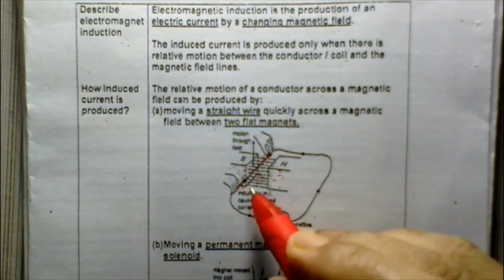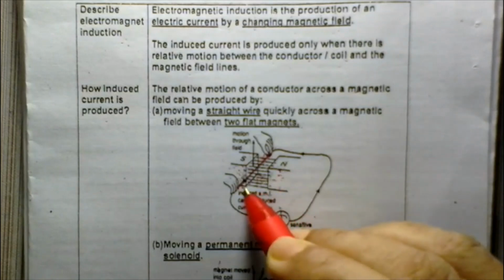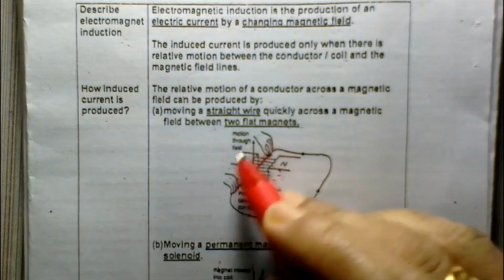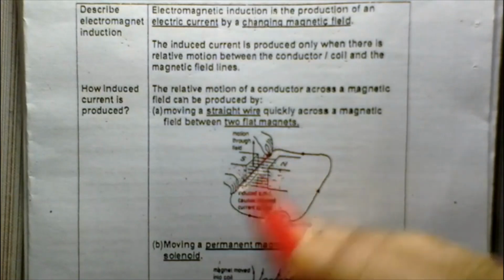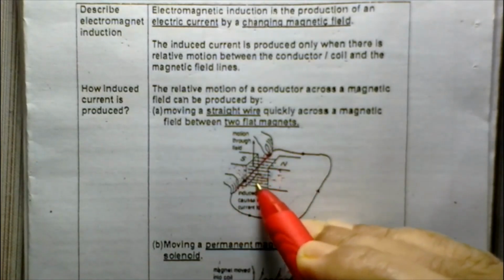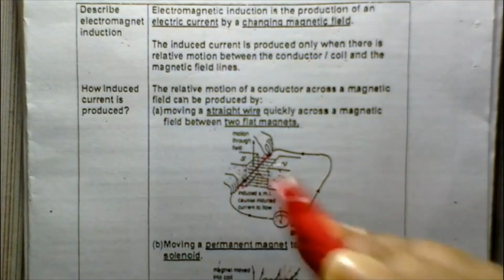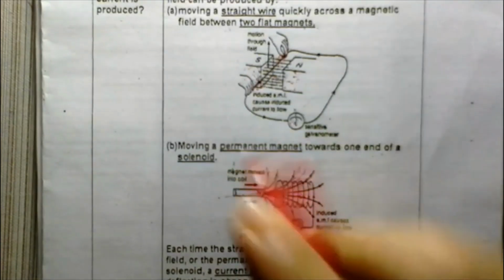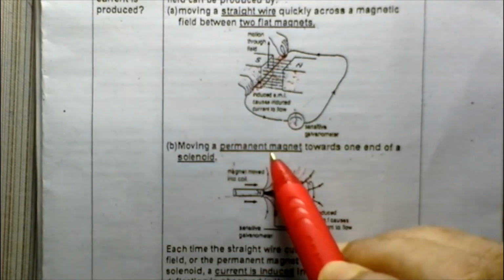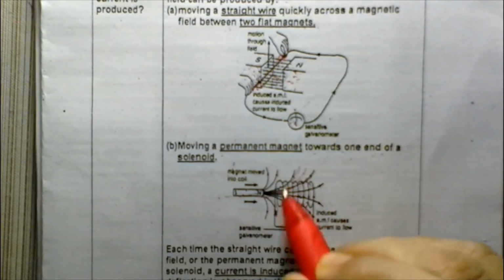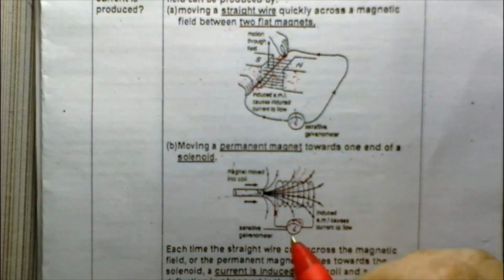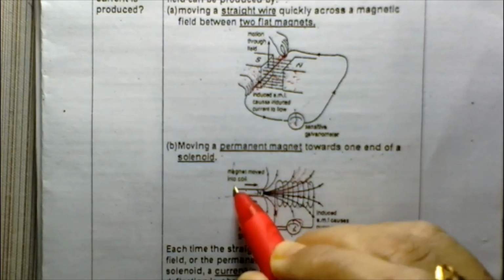Okay, so the changing magnetic field induces current. This is one example, where we move the conductor or straight wire to cut the magnetic field lines of the permanent magnet. Second example, moving a permanent magnet towards one end of a solenoid. So we have a solenoid connected to a sensitive galvanometer, and this is a bar magnet.